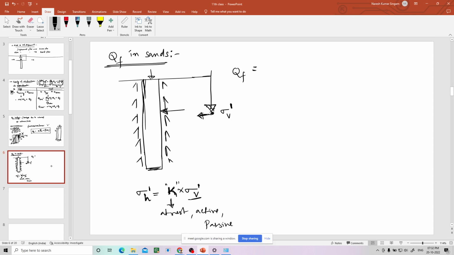But we need the vertical resistance, the resistance in the upward direction. There is a horizontal pressure acting in this direction, but how does it contribute to the vertical resistance in the upward direction?